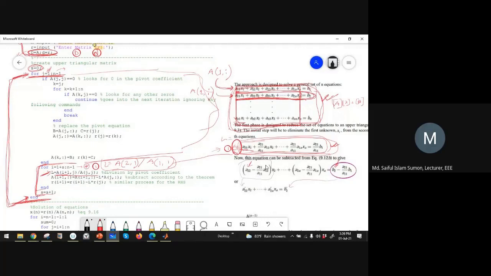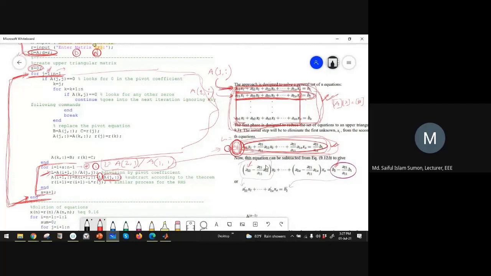You can see what I want to do: I want to multiply my first equation with L. So you can see L has been multiplied with A1 comma colon, that means the first row.